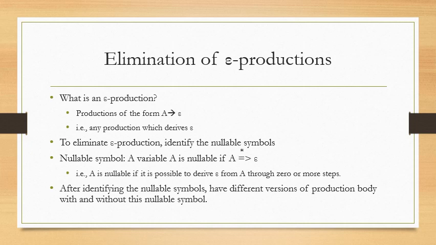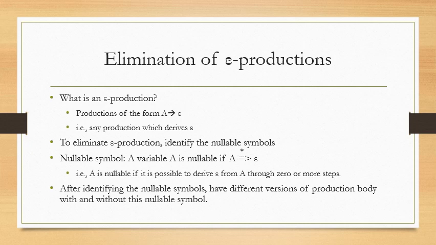So in this case, both A and B are epsilon productions. Epsilon productions are of the form a non-terminal determines epsilon through one or more steps. We call these symbols nullable symbols. That is, those non-terminals or variables which can yield epsilon are called nullable symbols.